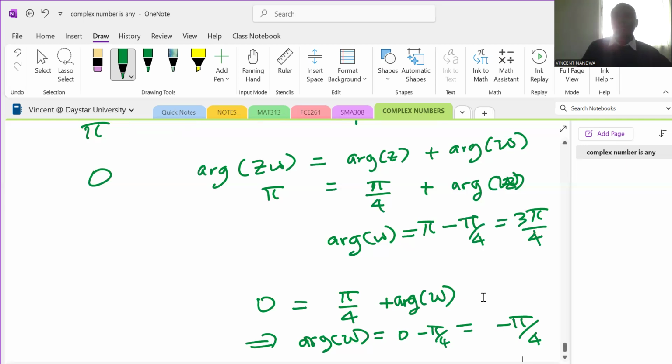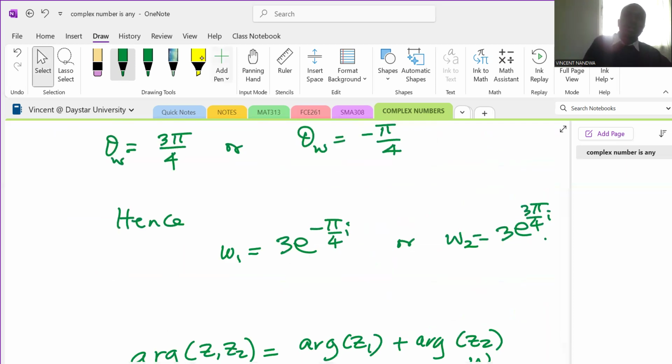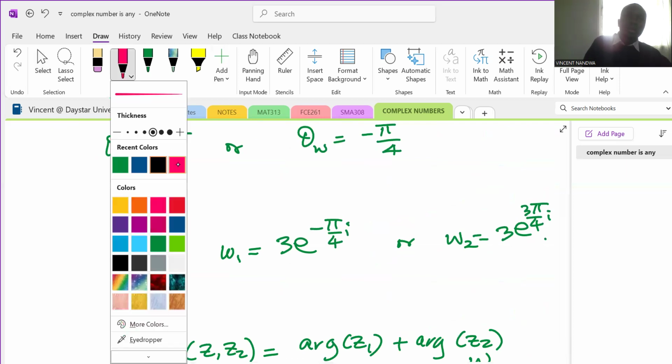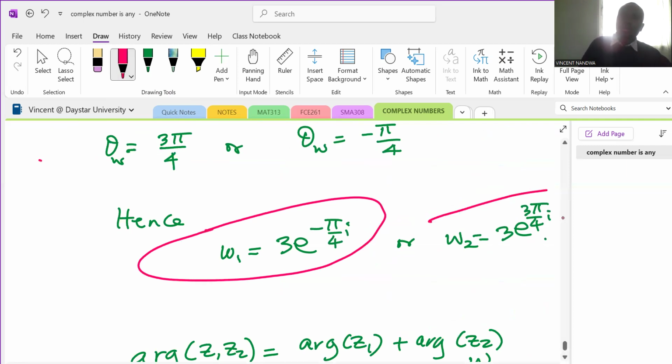And now once you have the values of argument and you know the value of r, these are the two possibilities for the complex number W, either 3 e raised power minus pi over 4 i or 3 e raised power 3 pi over 4 i. So that's what we do in that case.